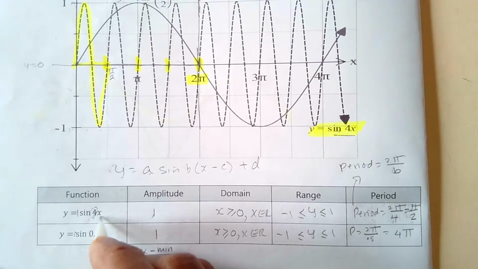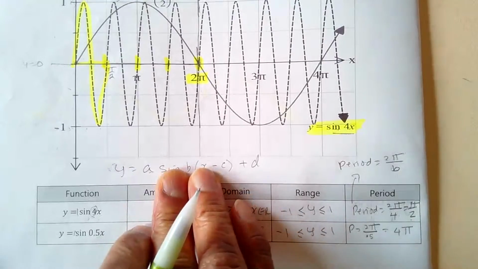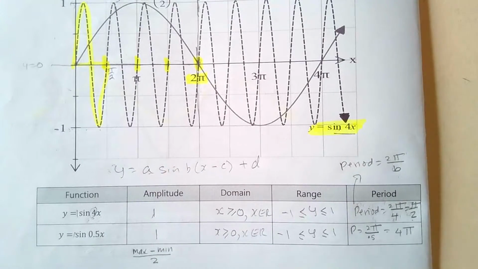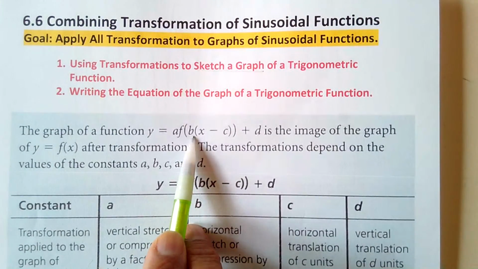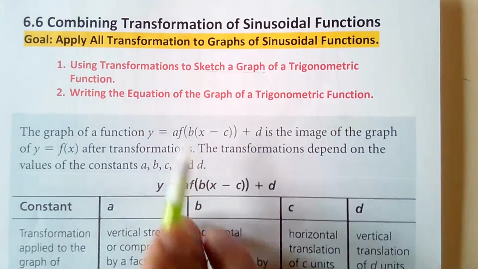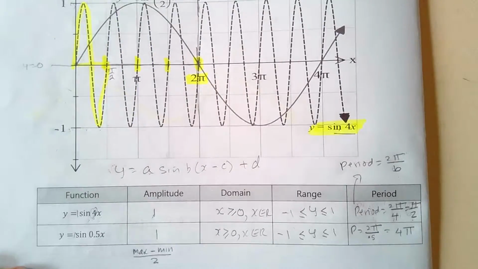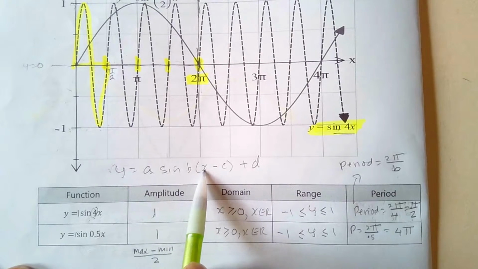So your b is a value. If you go back to your initial equation, it's your b before. We'll look at this equation later on to deconstruct it. So your b is after your sine.